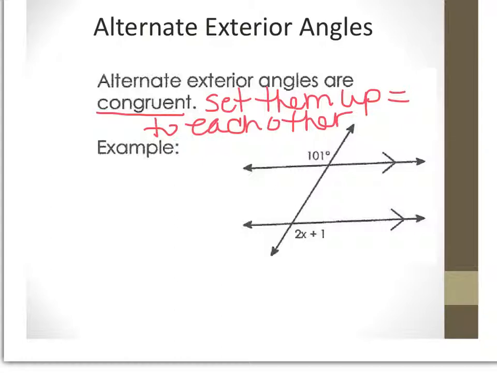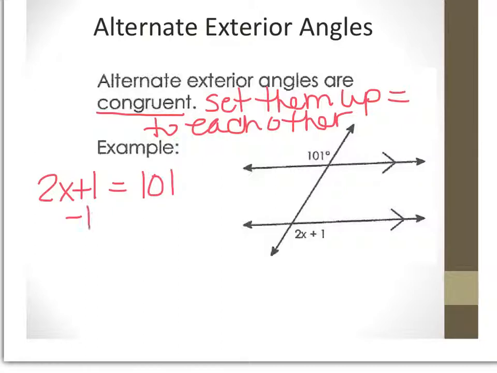I'm showing you how to do this because when we do some problems on our assignments, it's not going to be that you know that one of the angles is 101 degrees. They may have another equation for the angle that is 101 degrees. Okay? So what we have to do here is we have to say 2x plus 1 equals 101.